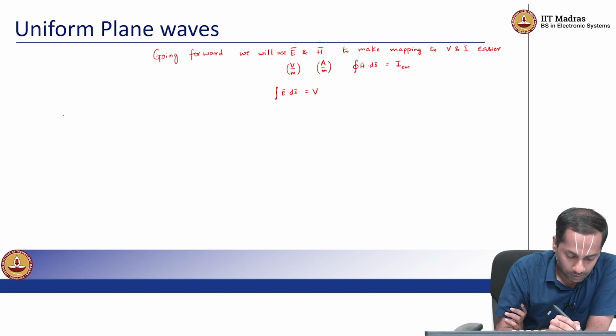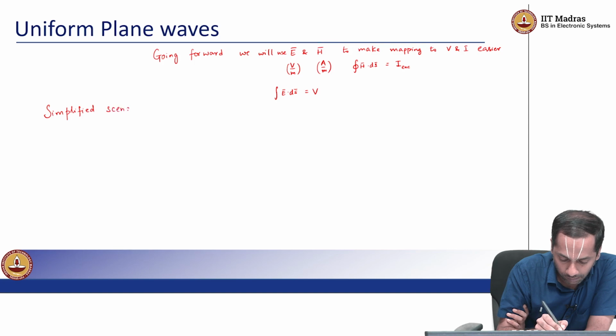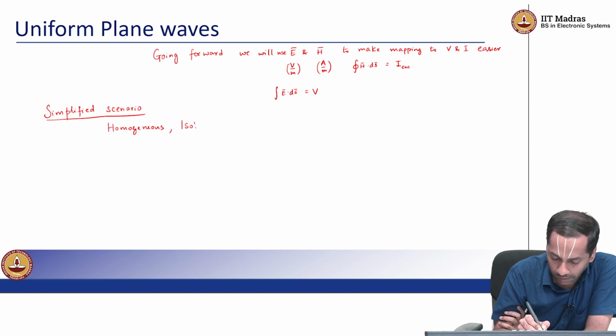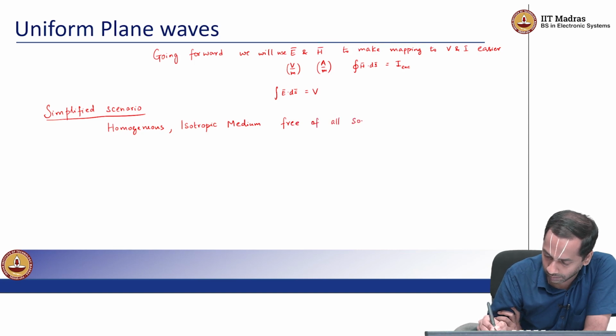So, the simplified scenario is we are considering a homogeneous isotropic medium free of all sources.